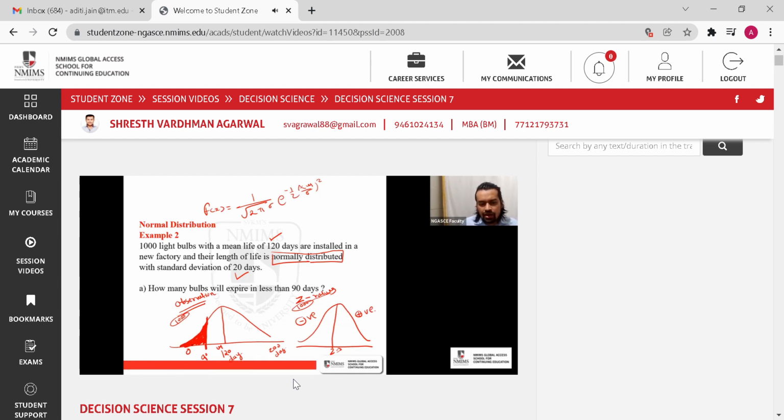Okay, and we need to find out the probability of this curve. What is the full probability, the total probability of the curve? Let's say here the probability value could be 0.0, here is 0.5, here it's 1.0. So these are the probability figures. Can you understand why at the average value the probability is 0.5? Because the normal curve is symmetric about the mean. What does symmetricity mean?